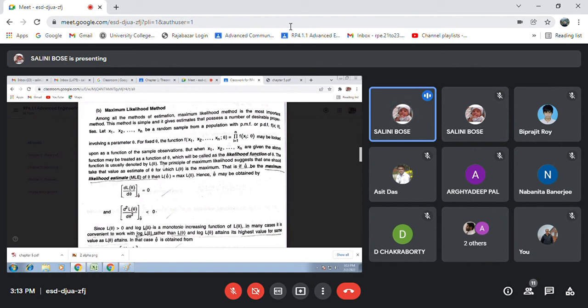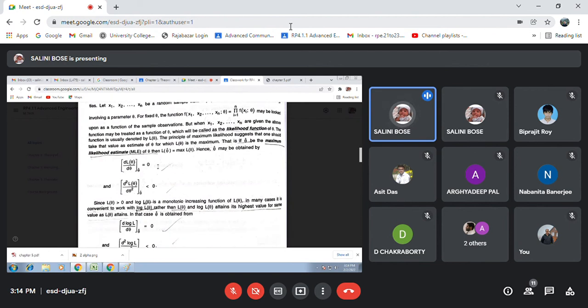So the principle of maximum likelihood suggests that one should take as estimator of theta the value for which L theta is maximum. Clear? And if theta cap is the maximum likelihood estimate of theta, then L theta cap should be the maximum of L theta.